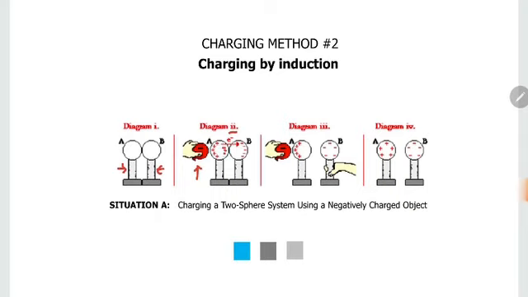So, pupunta sila sa side na to. Fortunately, magkadikit yung sphere A and B, di ba? So, dahil ayaw talaga nila, they are repulsed by the negatively charged object. Magkakaroon ng mass migration. Magmi-migrate itong mga electrons from sphere A to sphere B para ma-maximize nila yung distance nila from the negative object.